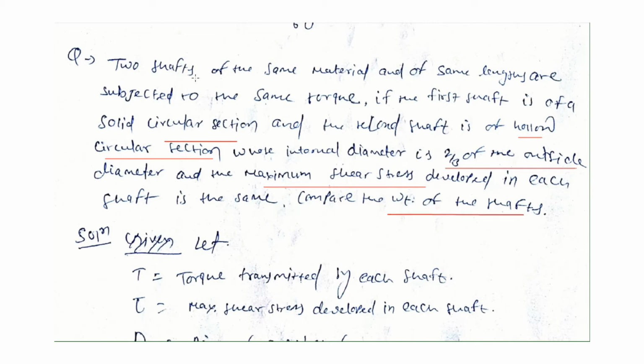In this question, the material is the same, the length is the same, the torque is also the same, and the shear stress developed in the shaft is also the same.